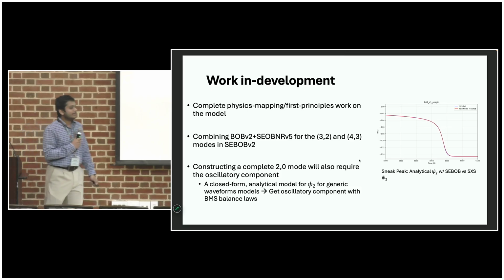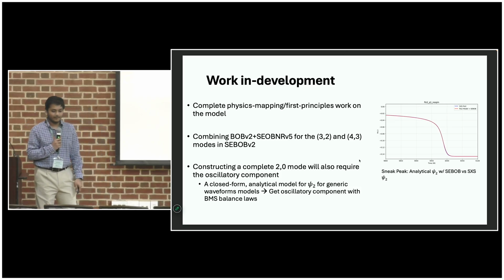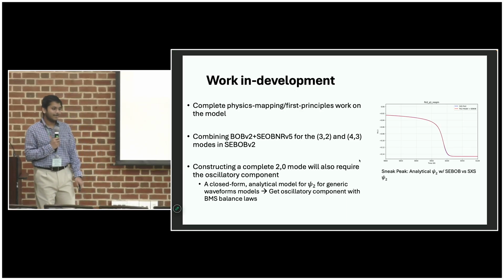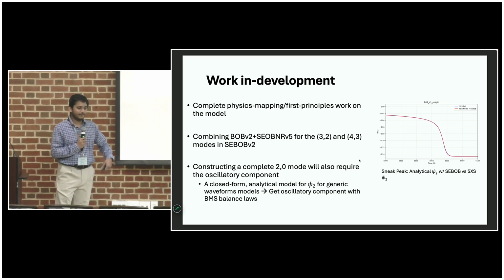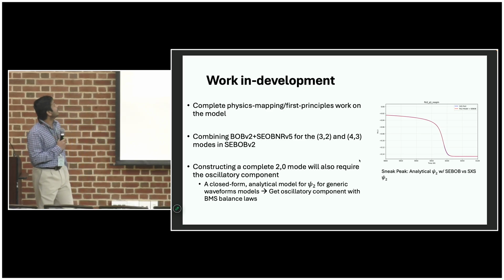A lot of this is work in development. What really needs to be done is to test this against a whole suite of more simulations and see whether our model is truly robust. My preliminary work has suggested that it is, and that it is both accurate and close to a first principles model.